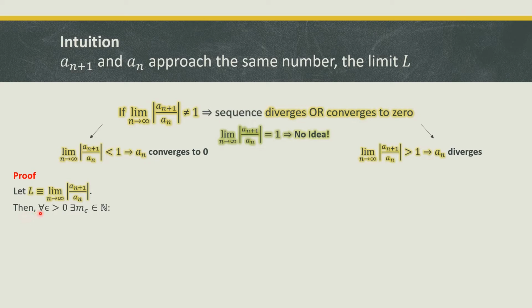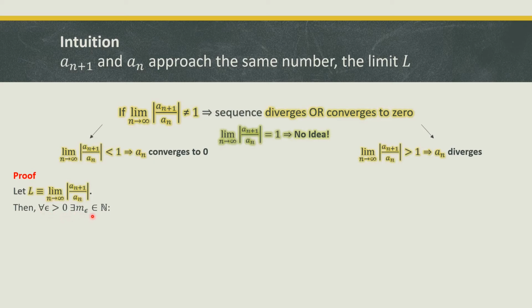The precise definition says that this statement here means that for all positive numbers epsilon, which we can choose freely, whatever number that is, there exists a natural number m sub epsilon. The subscript means that this number may depend on our epsilon.